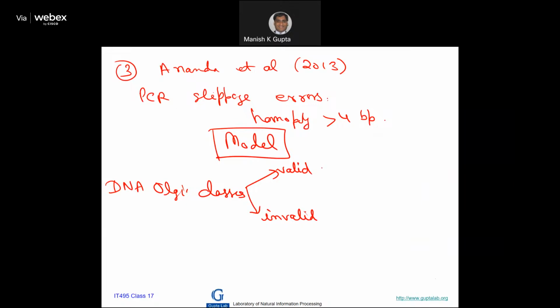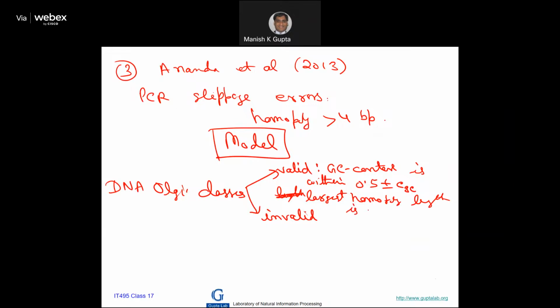When GC content is within 0.5 plus minus CGC, where CGC is a parameter, okay? And second, the largest homopolymer length is up to M nucleotides.